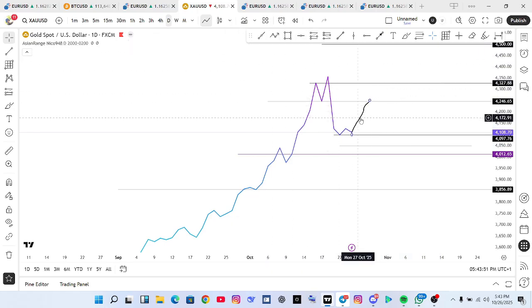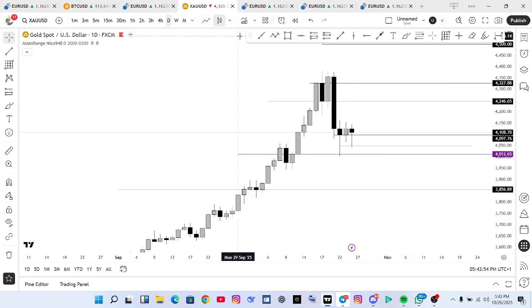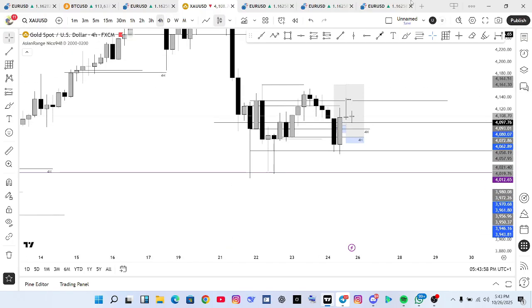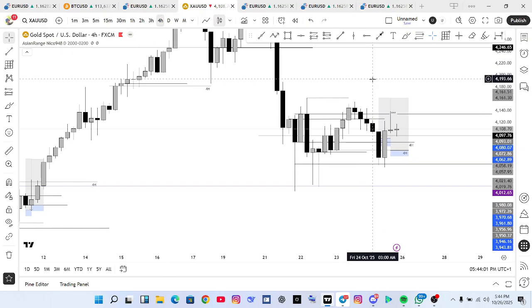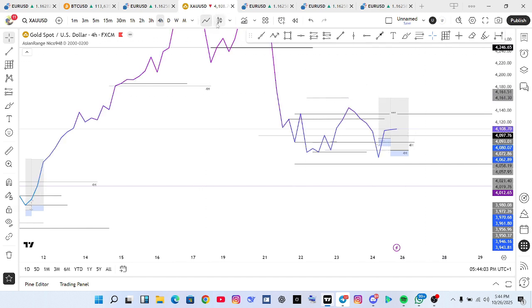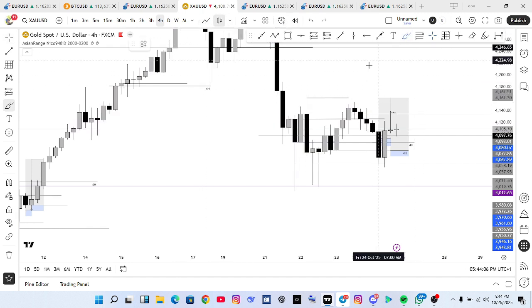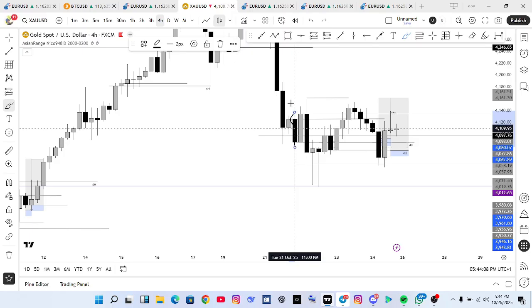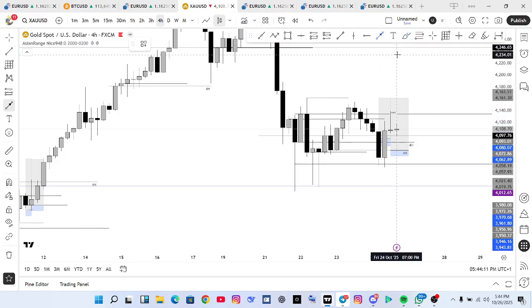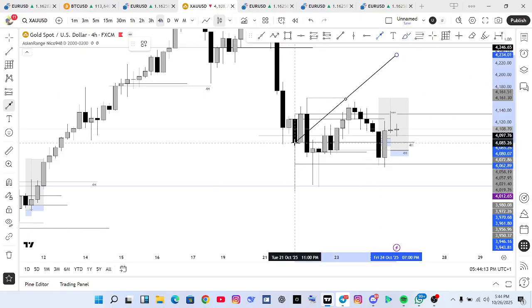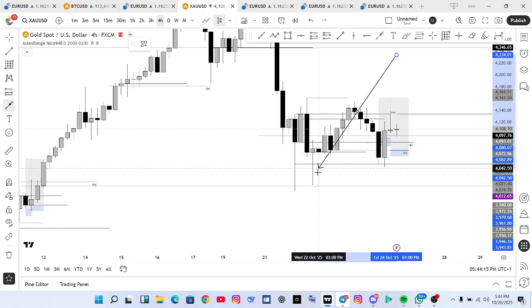Now let me go to 4 hour to confirm it. If there's no confirmation on the 4 hour, then we keep selling even next week. Now we have our confirmation. There it is. The market came down like this, gave us a V shape, rejected, and then came down to this level, this 50% I marked here, tapped into it and rejected.